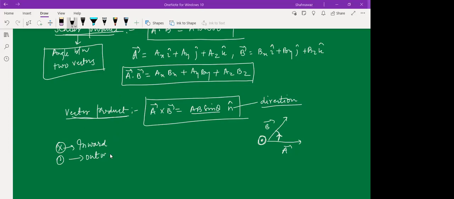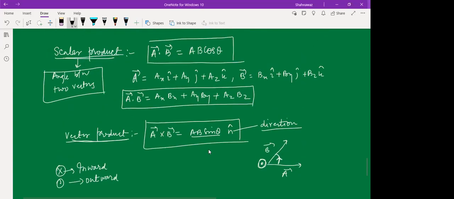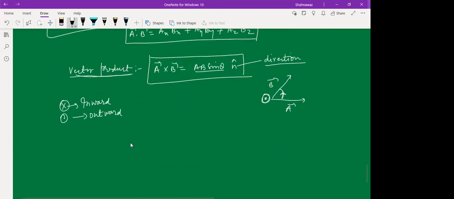So this tells about the outward direction. Any doubt up to this point, guys? No, sir.